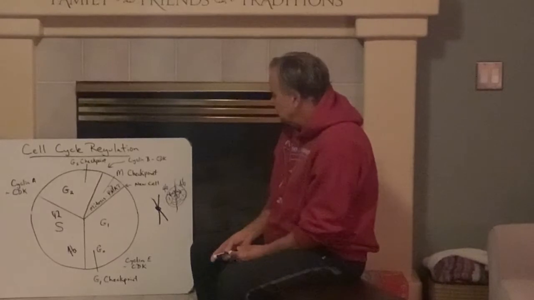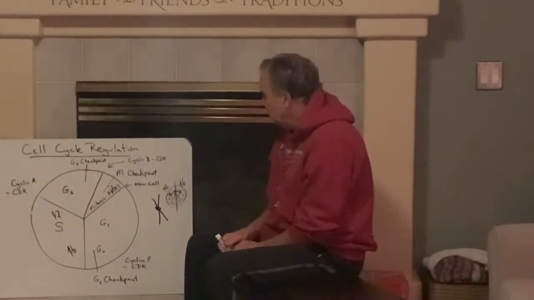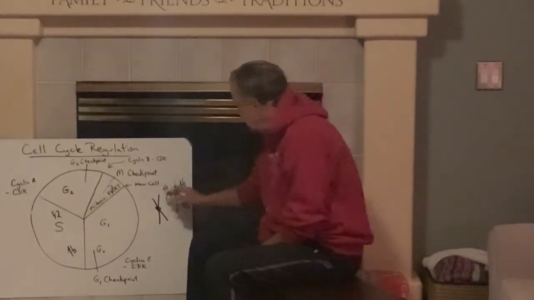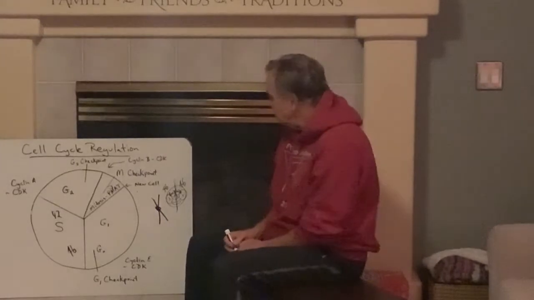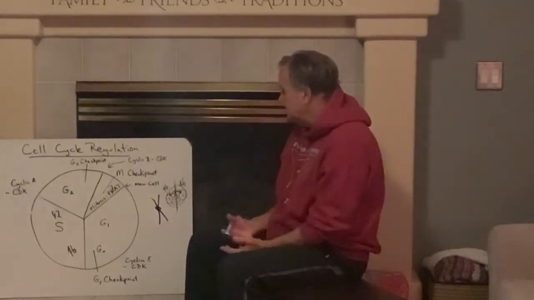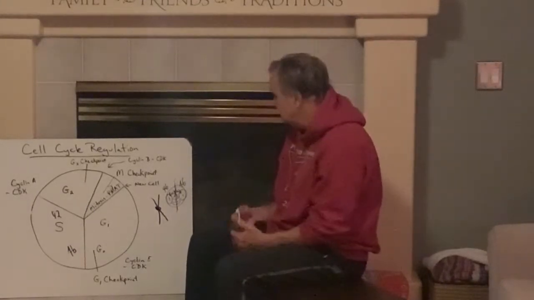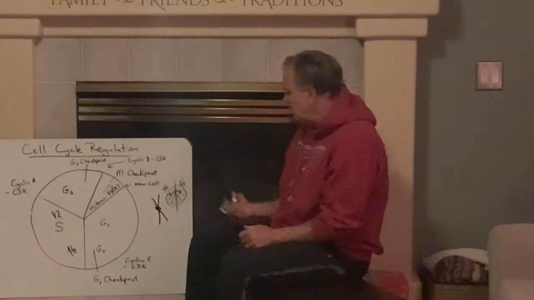All right. Now, of course, there can be some problems here. One, if the DNA material starts to break down as you age, or you have some sort of mutation, that can cause the cell not to divide properly, and it causes apoptosis, which means cell death, so they can't go on. And sometimes these checkpoints don't work.